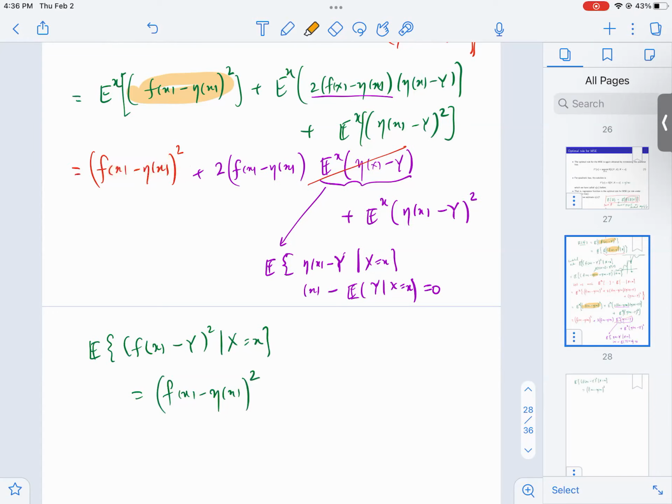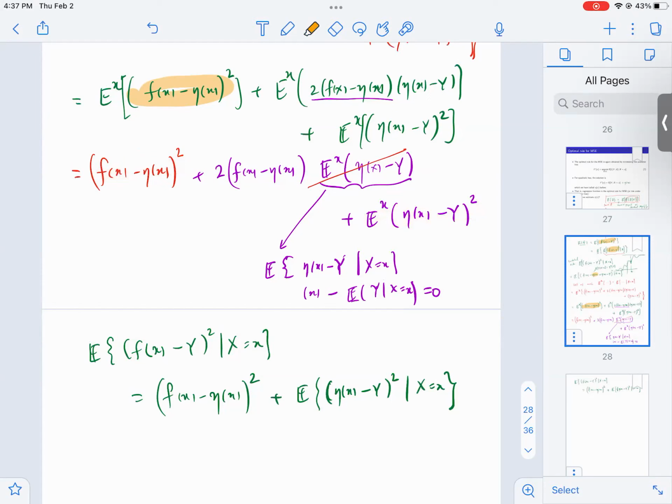And then the other term is the last one here, which is expectation of eta x minus y squared conditional on x equal to x. Right, so this plus that. The middle term vanished, because the expectation of y conditional on x is just eta x.